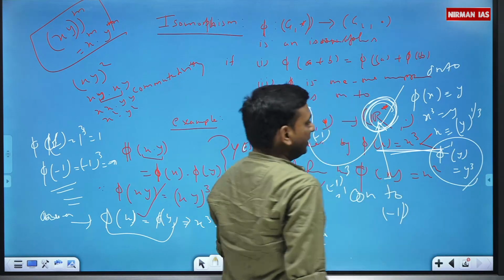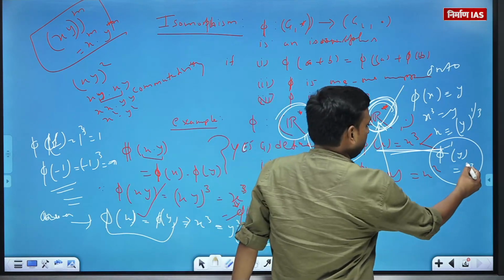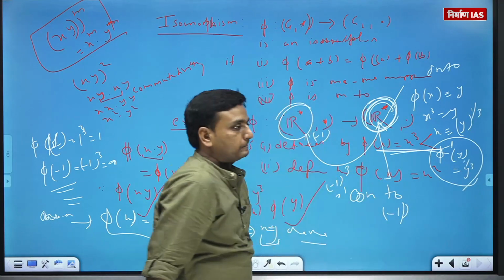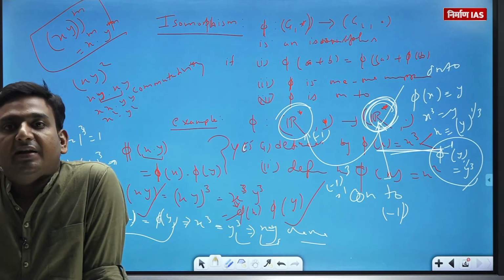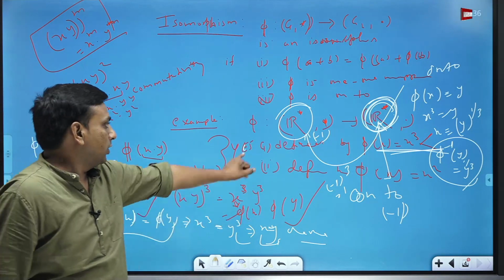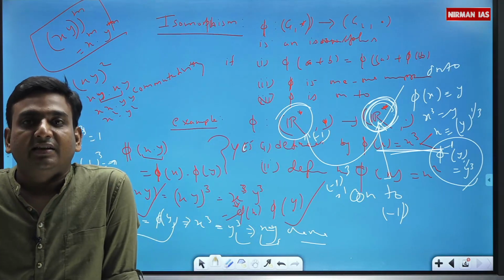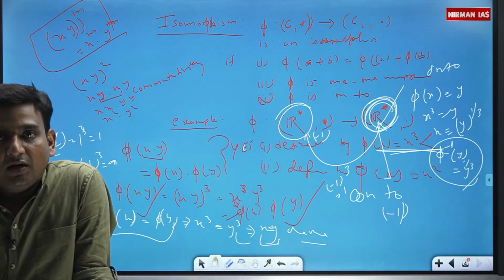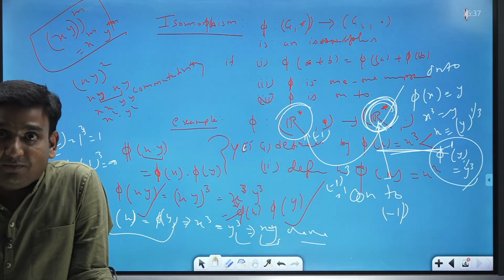That means if you take any element in R star, it is the image of some element in R star of the domain. So what it is saying is that yes, phi is 1-1, phi is onto, phi is operation preserving.